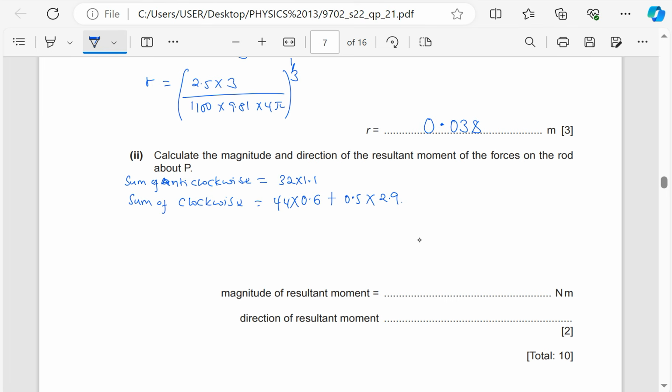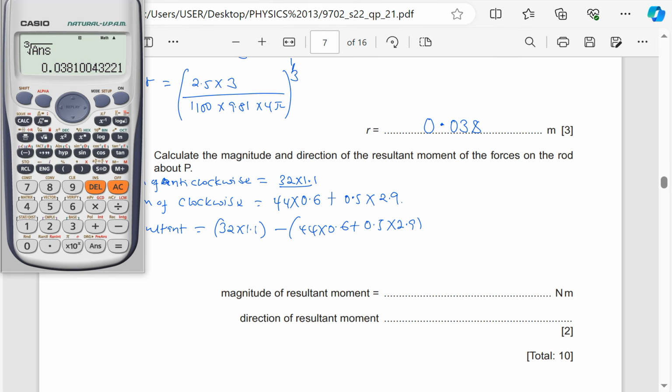Okay, so then we can now find the resultant. I noticed that the anticlockwise sum is going to be bigger, so I will say 32 times 1.1 minus 44 times 0.6 plus 0.5 times 2.9.